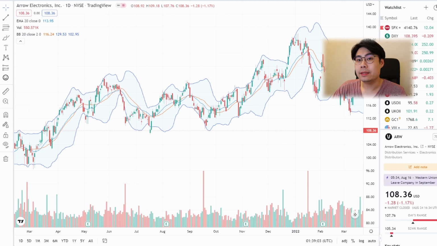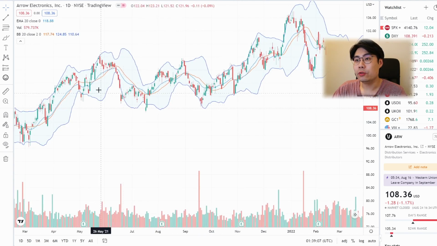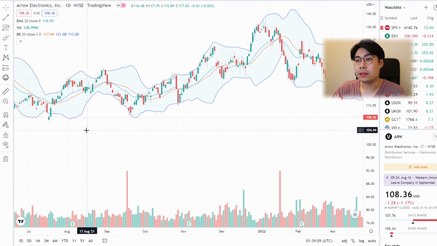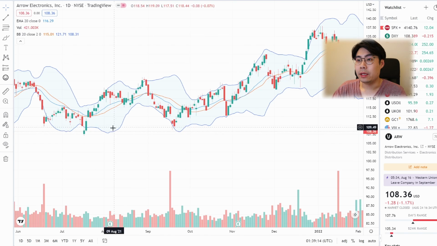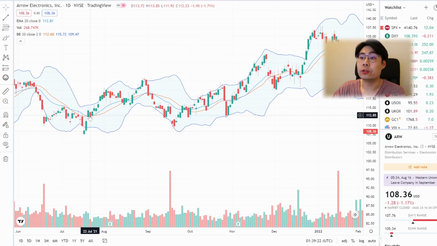So let's talk about how, if you look at the price for Arrow Electronics, when it fluctuates, it tends to hit the lower band and revert to the mean, right?